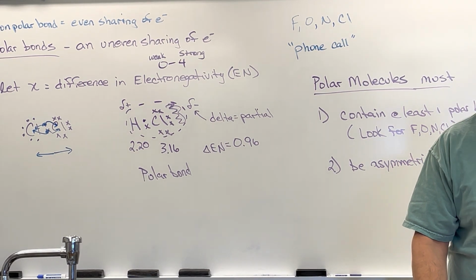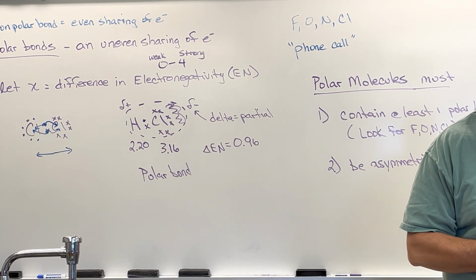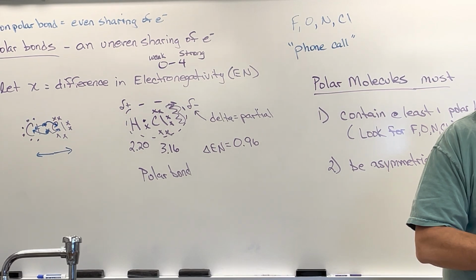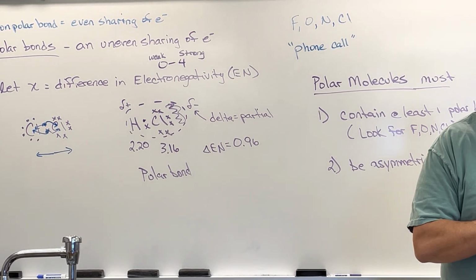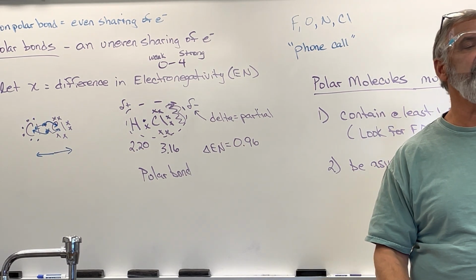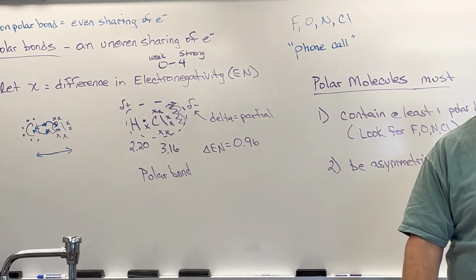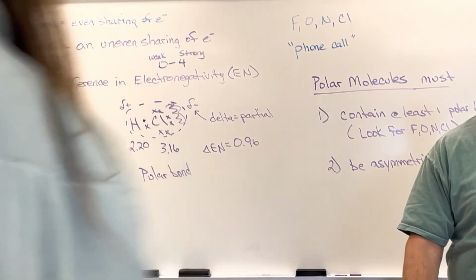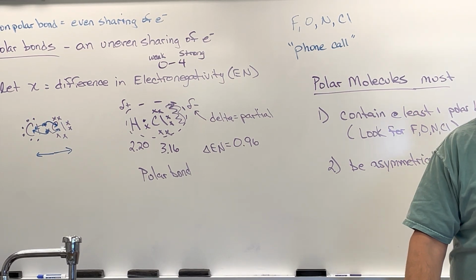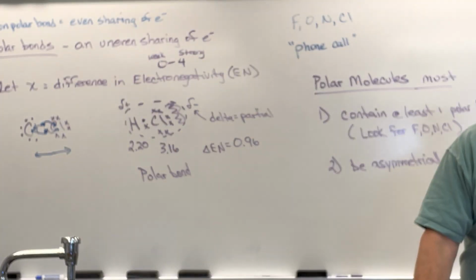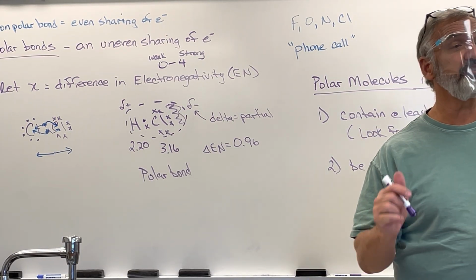And the other one is AX2E3, like I3 minus. When you look at AX2E3, it's going to be linear. So those are two exceptions to our rule, but generally speaking, if there's a lone pair of electrons on the central atom, it's going to be an asymmetrical shape.